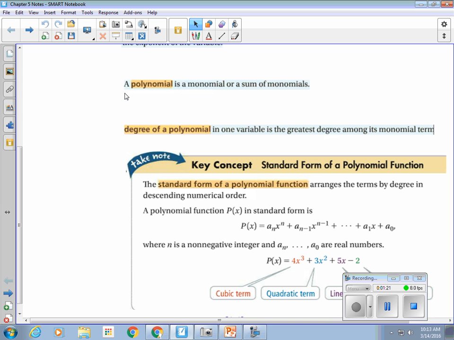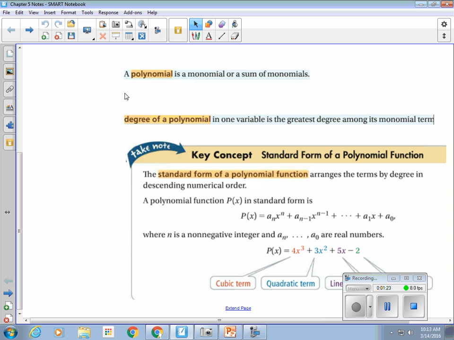The degree of a polynomial is the greatest degree amongst your monomials. So in one variable, it's the greatest degree. I don't think we're going to talk about degree with more than one variable, but if you run into that, let me know, because that's an easy one to press with as well.